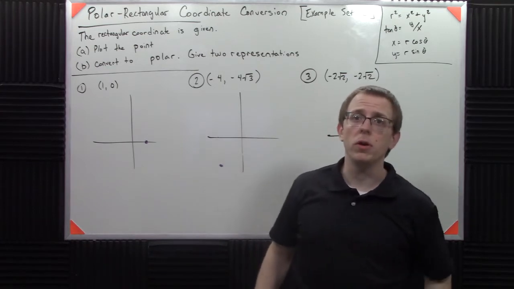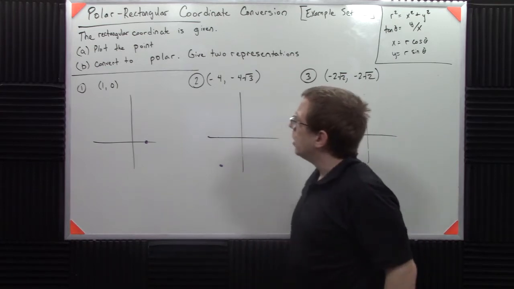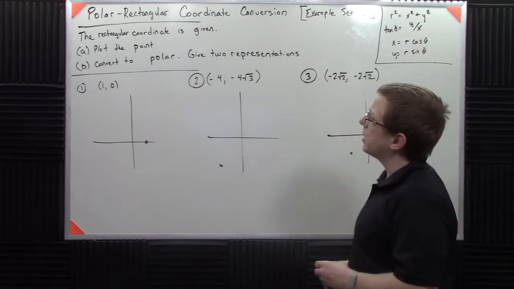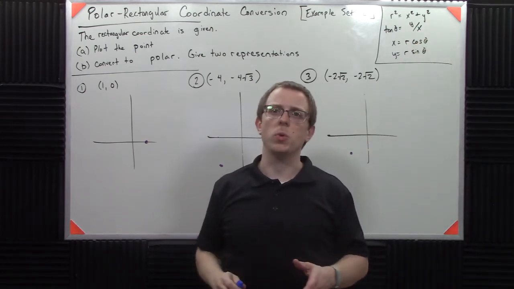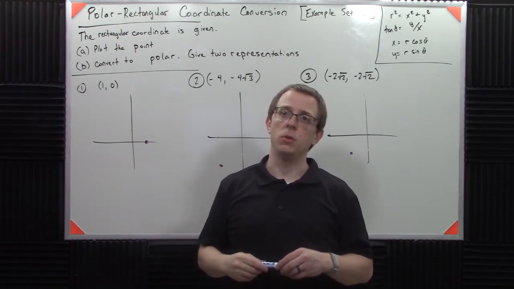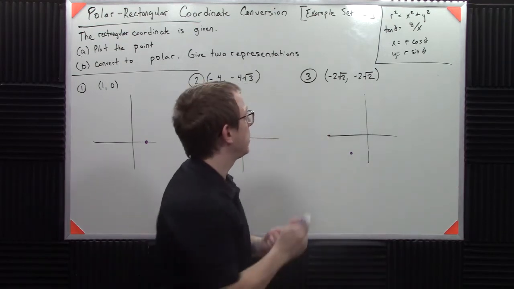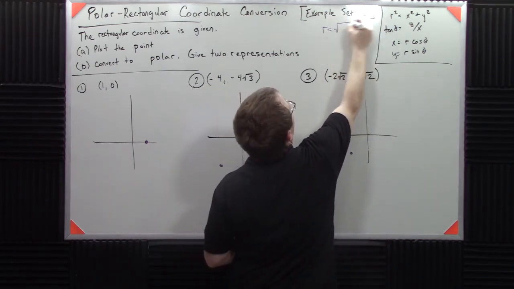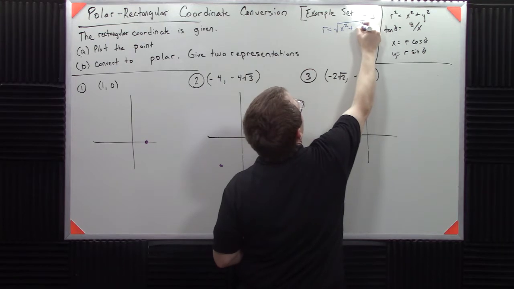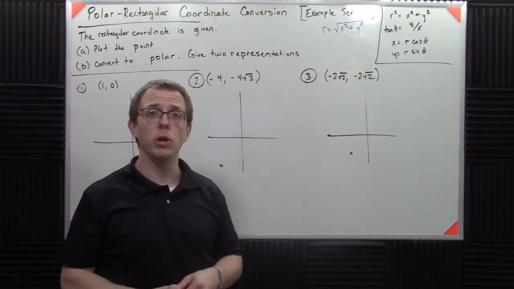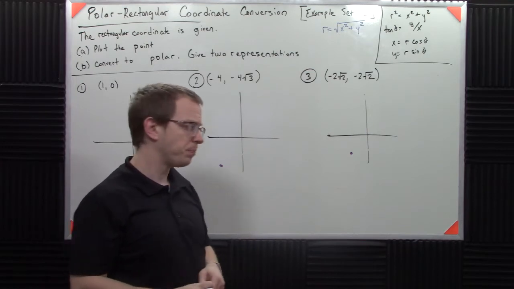Now, how do we convert these to polar coordinates? Well, I can say r squared equals x squared plus y squared, and tangent of theta is equal to y over x. Another thing we could say is that r is the square root of x squared plus y squared, and that's generally how you're going to figure out what r is.